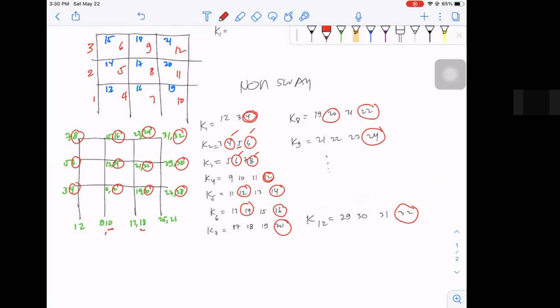8, 20, K9, 24. And so we also need 30 and 32.